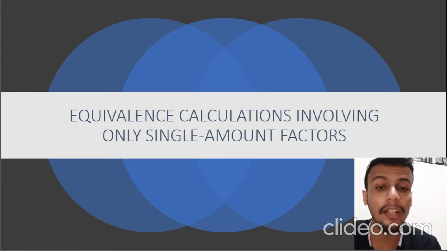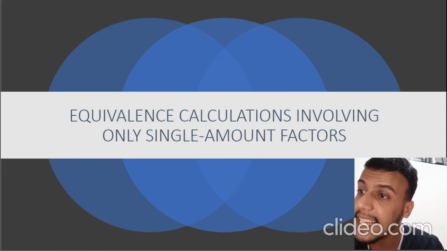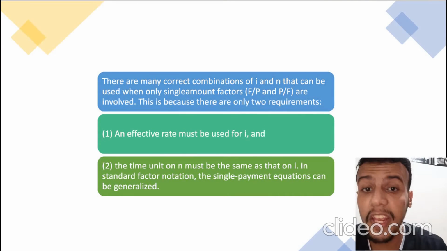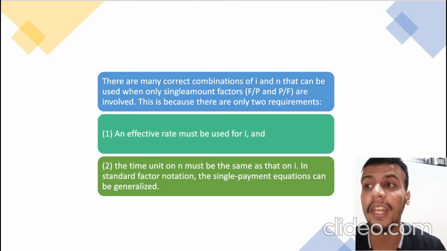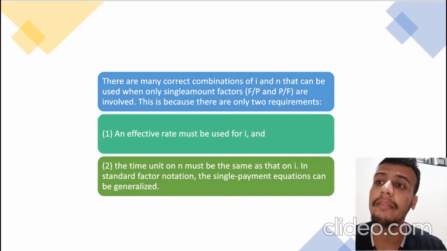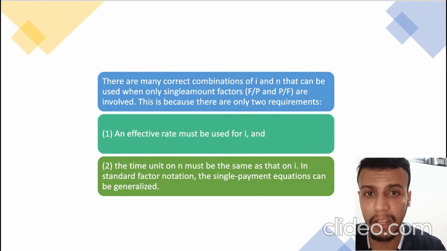And right now we're going to talk about the fourth point in our presentation, equivalence calculations involving only single-amount factors. There are many correct combinations of i and N that can be used when single-amount factors, for example F/P and P/F, are involved.